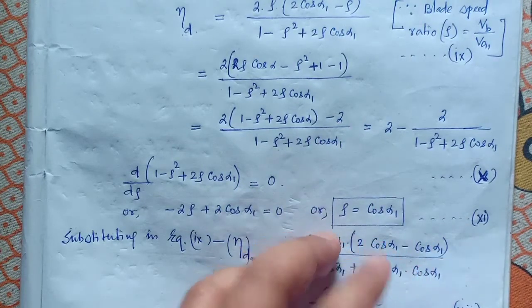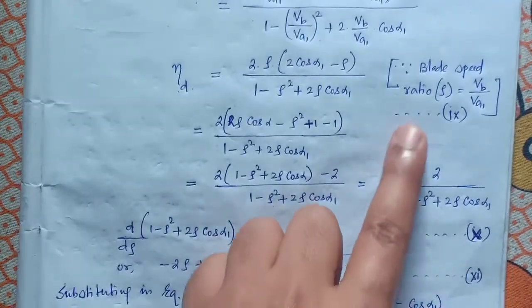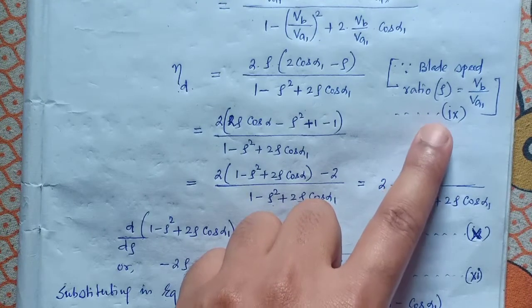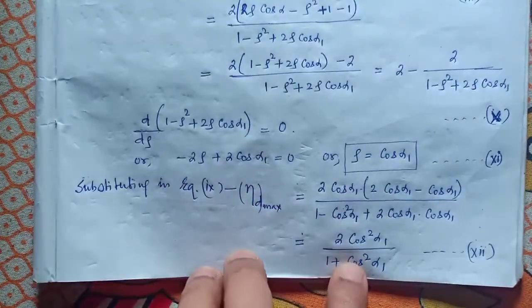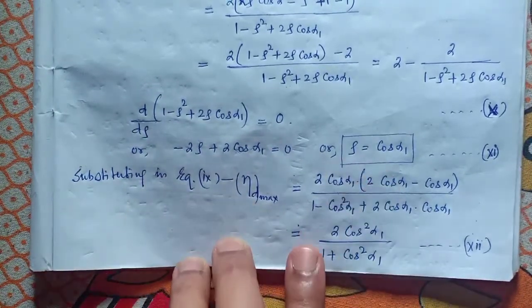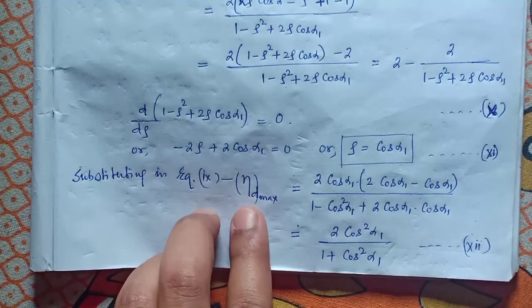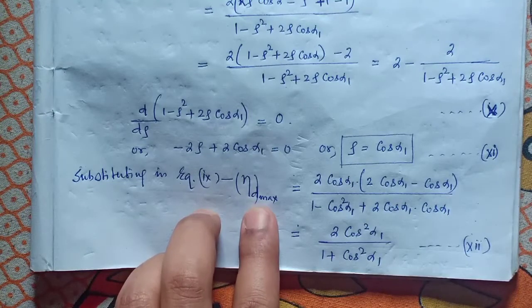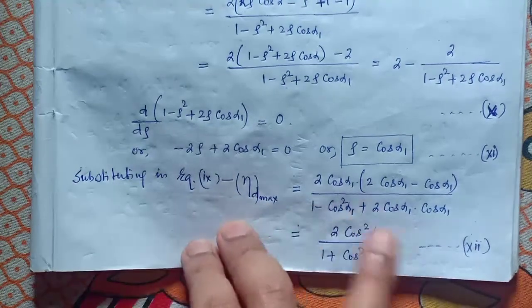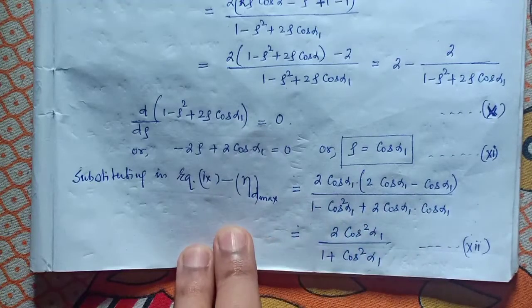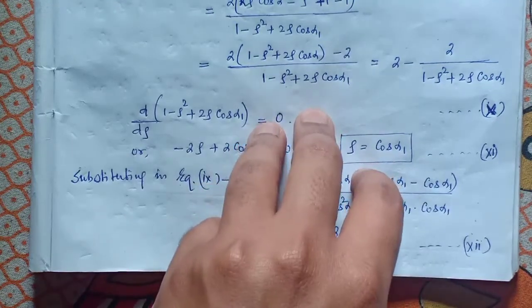I have told you why we marked this equation as 9; this is why we marked it earlier. After putting rho equals cos alpha in equation 9, the maximum diagram efficiency for a 50% reaction turbine can be expressed in this way: 2 into cos square alpha 1 divided by 1 plus cos square alpha 1. Correct?